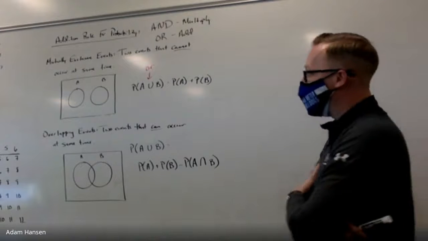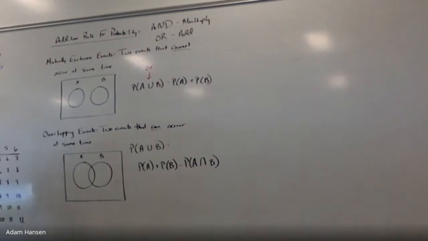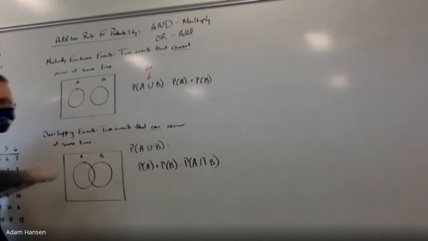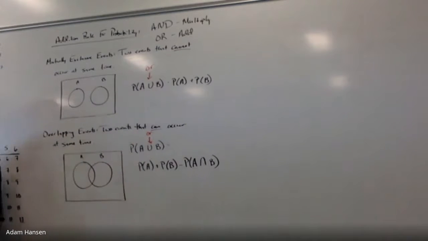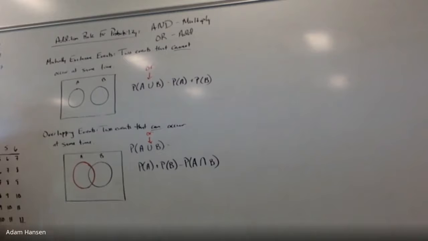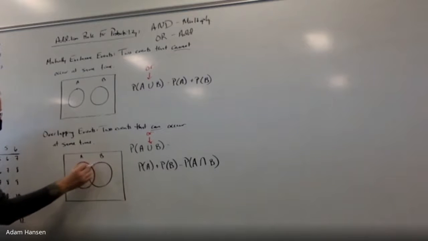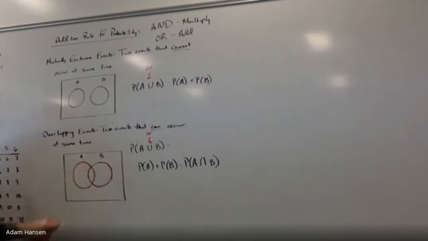So when I combine overlapping events, I have to be careful not to double count anything. I want to find the probability of what's in A or B at the same time. So I'm going to count up everything in circle A. I'm going to count up everything in circle B, because it could also be event B. Emma, did anything get circled twice?